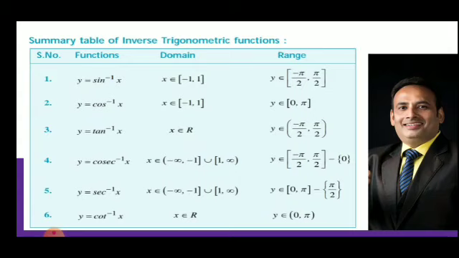What we conclude over here, if you see number 1, which is sine inverse x, number 2, which is tan inverse x, and number 3, that is tan inverse x, and this one, fourth, that is cosec inverse x.